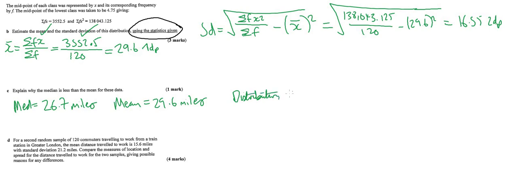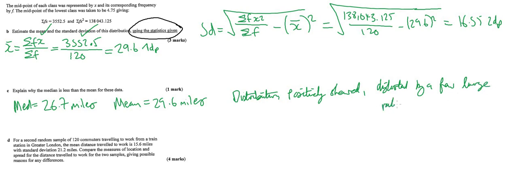We can talk about it being skewed positively. Or we can just say that it's distorted by a few large values or distances, because there's a few people who travel a lot further.